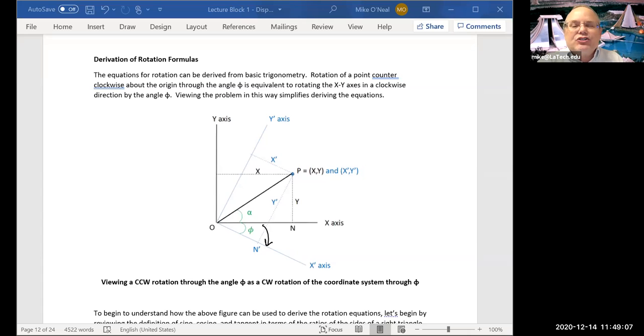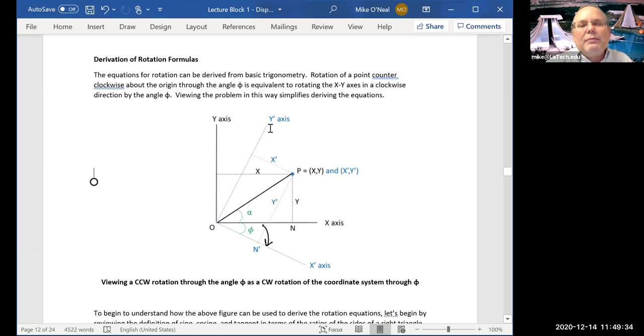Does that make sense? Do you see what I'm doing? I am taking the system and I am moving it clockwise by the angle phi. So now if I do that, my x-axis and my y-axis are shifted through this angle.